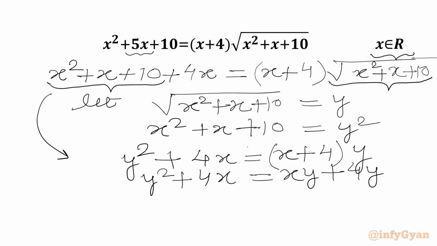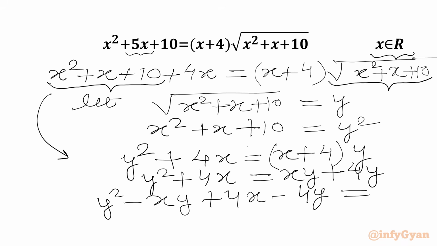Now we'll write all the terms to LHS. So y square minus xy plus 4x minus 4y equal to 0. Now from first two terms y is common, so y times (y minus x).